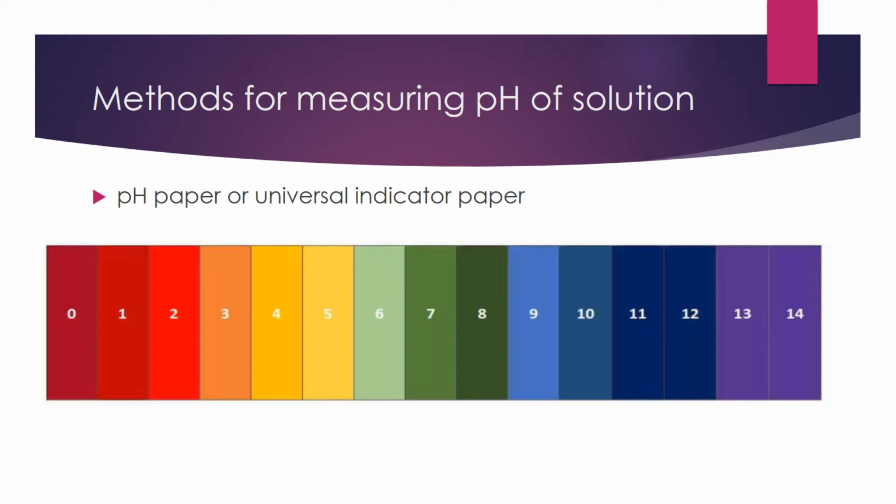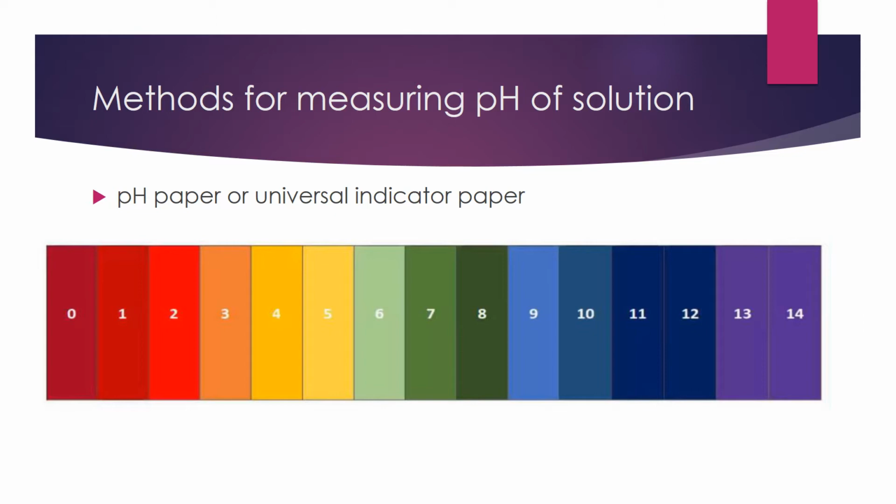In this picture you can see the chart paper, of different colors, and each color is given a specific pH. So how can we use the pH paper? We just dip the pH paper in the given solution to find out its pH, and the paper will develop a particular color.